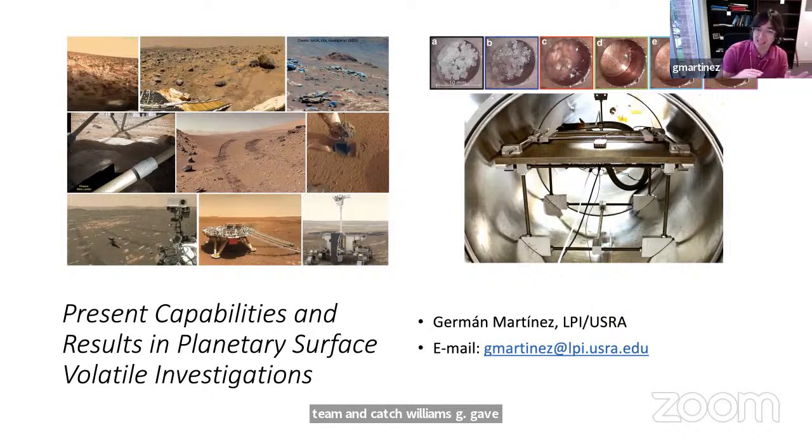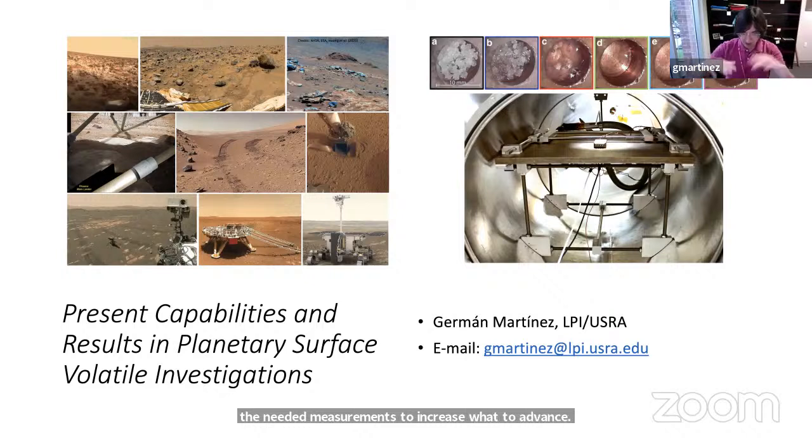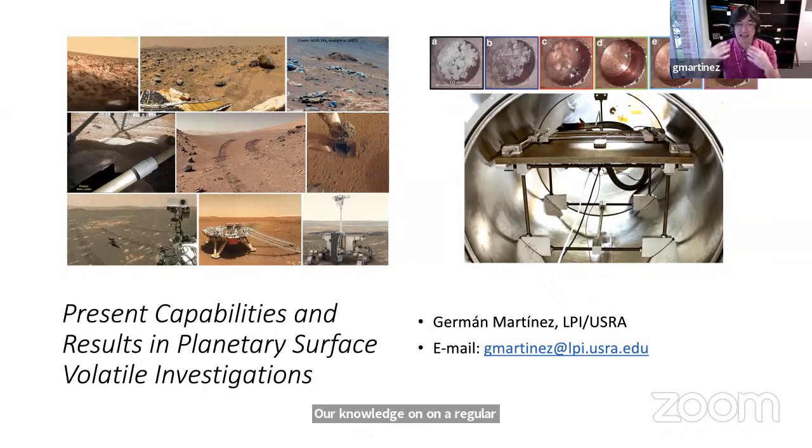They talked about the needed measurements to advance our knowledge of regolith-atmosphere interactions. And here, what I will do is show basically current measurements and current lab experiments and what we know based on current capabilities.